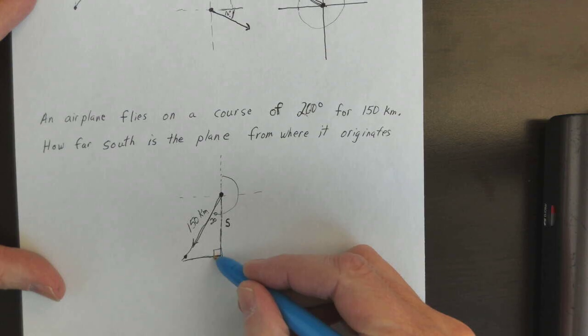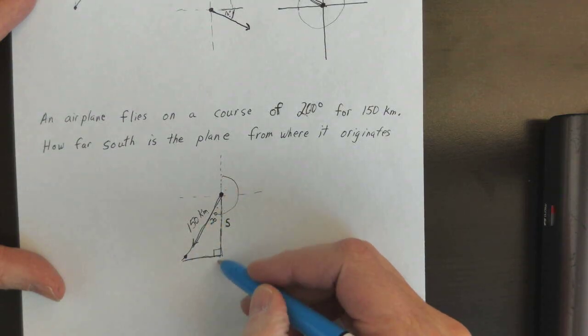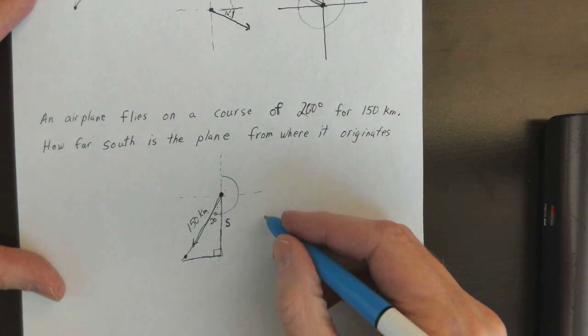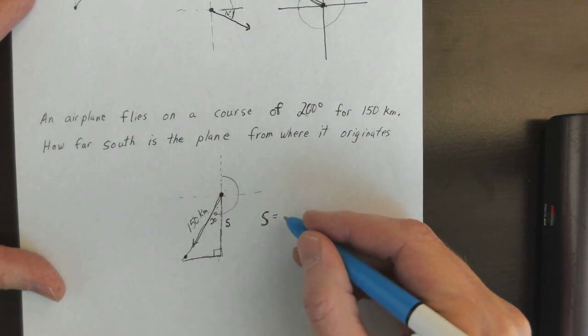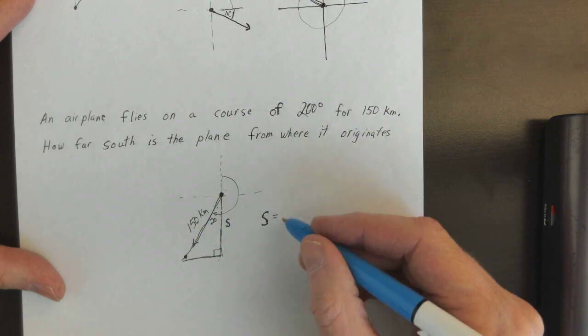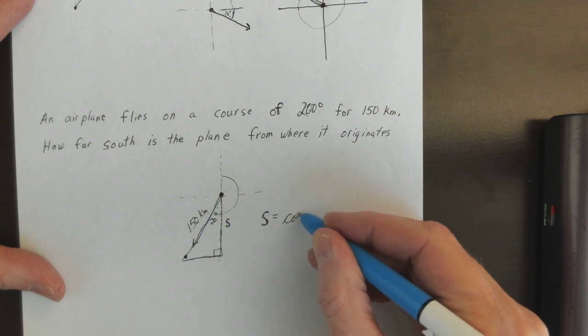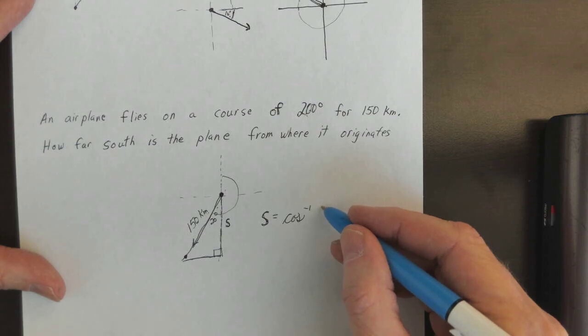I've got this right triangle. I got 20 degrees here. 150 is the hypotenuse. S is the adjacent side.